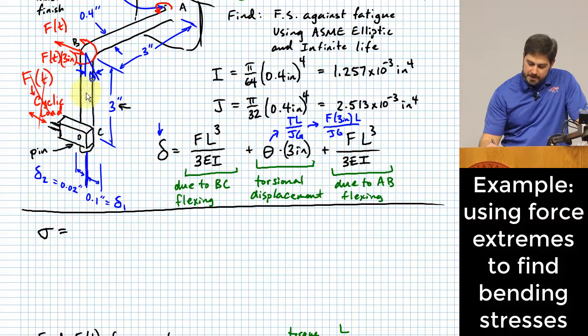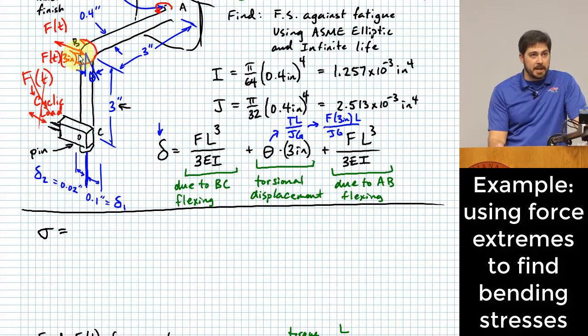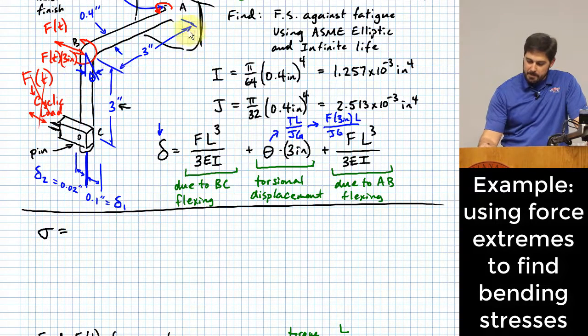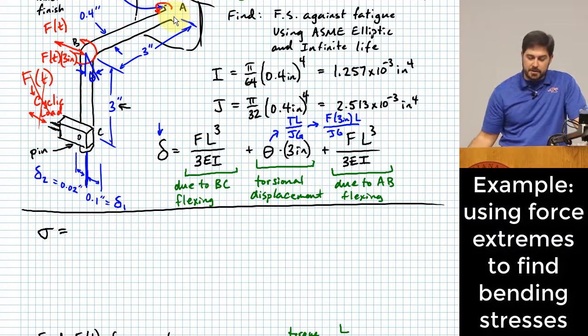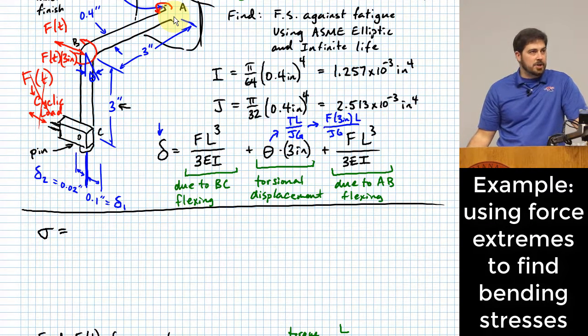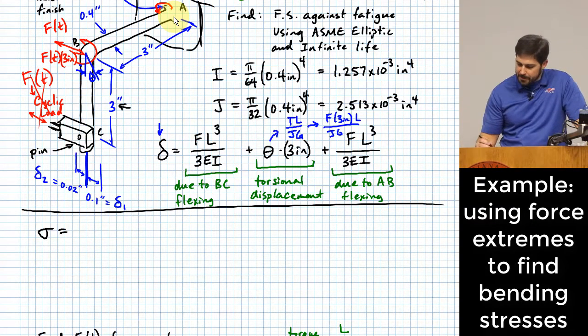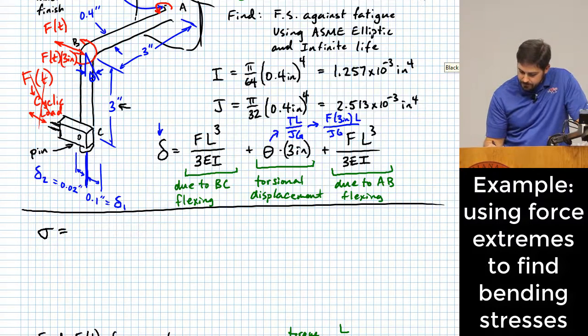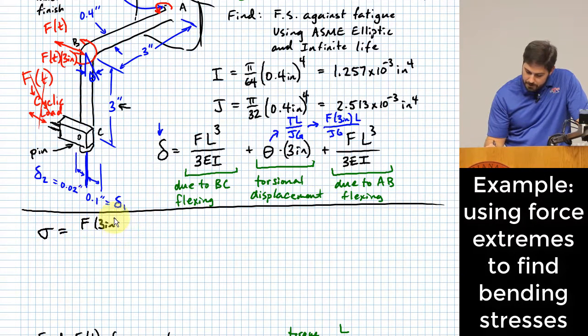We're dealing with the rest of the effect of this force with a torsion that happens at B. We're really looking at the case of applying this load right at B. So we multiply that by 3 inches, and we get a bending moment that happens around location A. This is just going to be equal to whatever our F values are, times 3 inches. Okay, that gives me M.